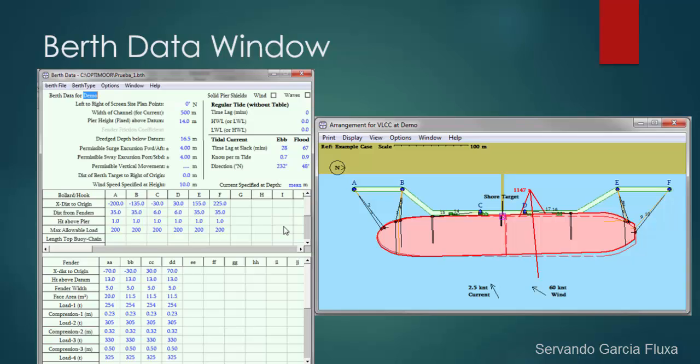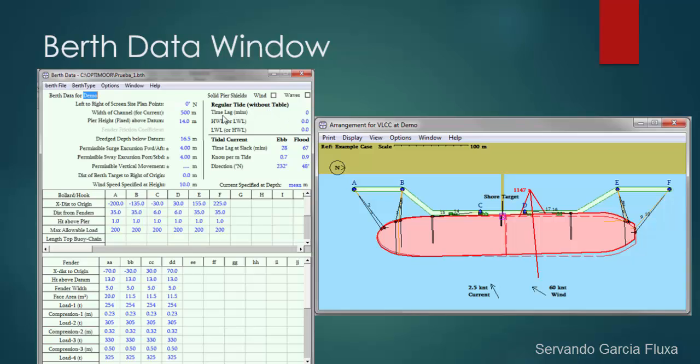That's something that OPTIMOOR does automatically. So maybe you have winds measured at 22 meters height. You can input those winds, but you have to tell OPTIMOOR at what height those winds have been measured to let OPTIMOOR do the correction.